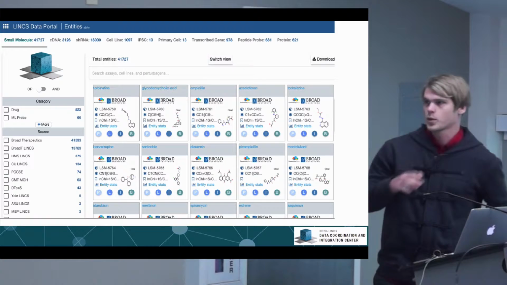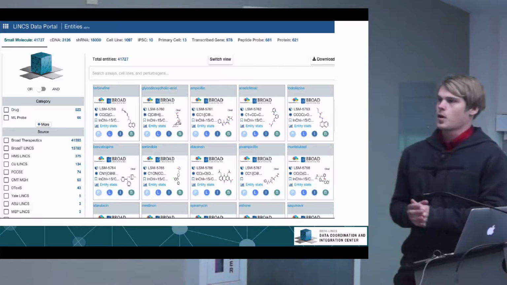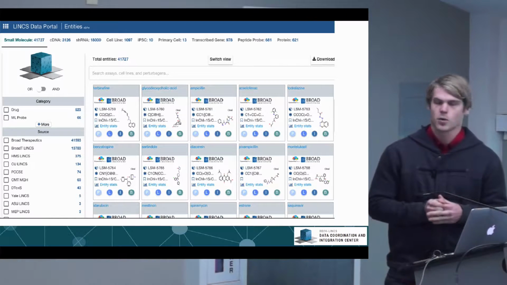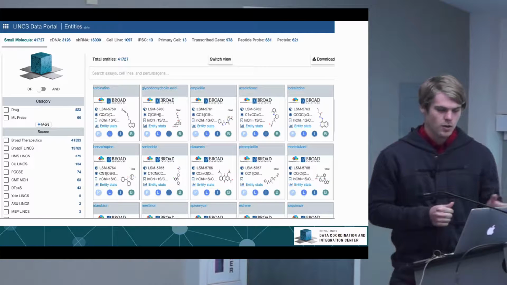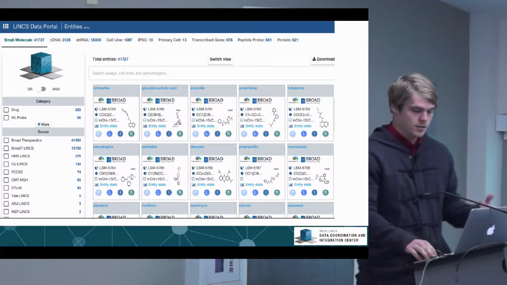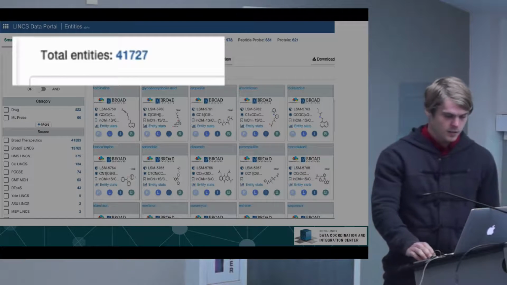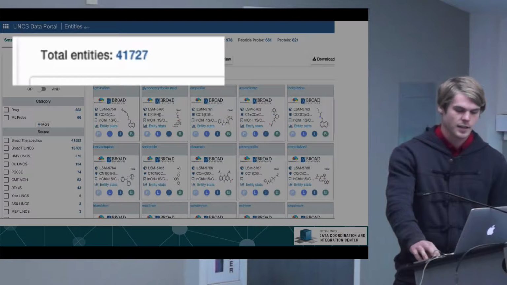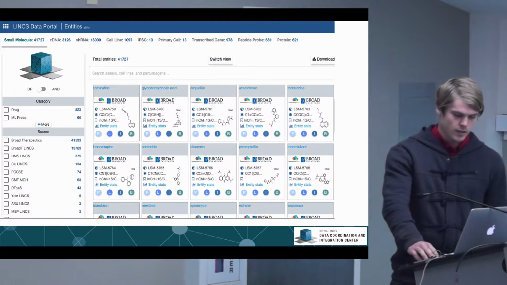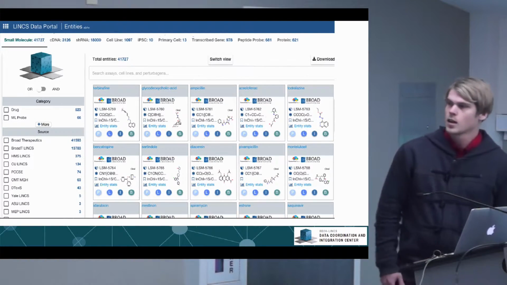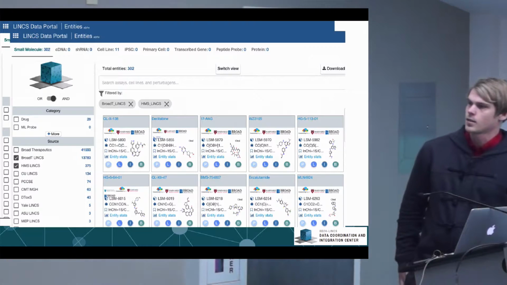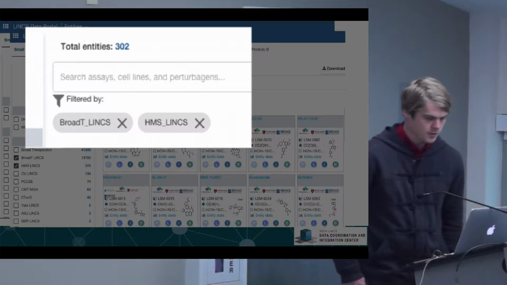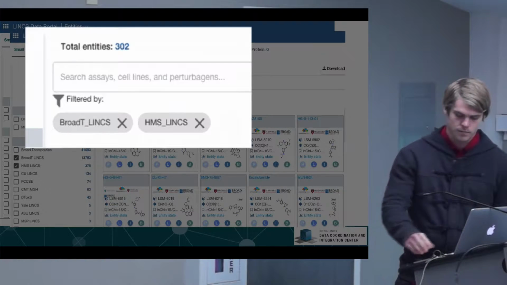So real quick, to preface why small molecule standardization is important, take something like the LINCS data portal. If I wanted to look at all small molecules in the portal, you can see right here that there's 41,727 that have been assigned unique LINCS IDs. Now, if I want to look at the overlap between compounds used in Broad assays and Harvard Medical School assays, there's actually only 302 small molecules.